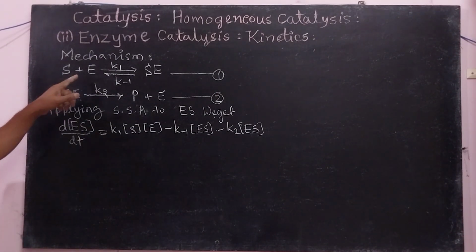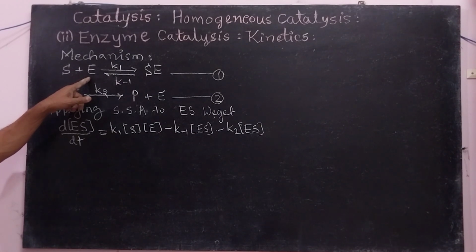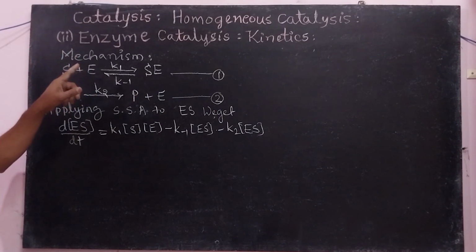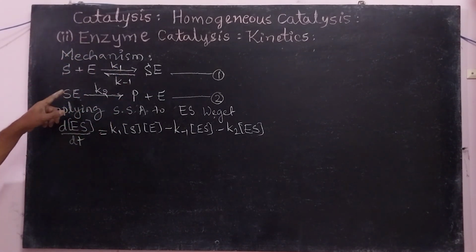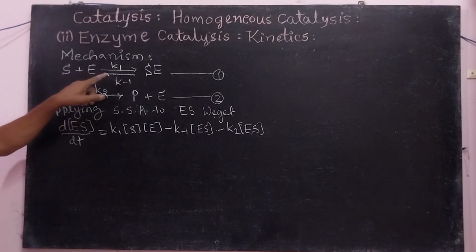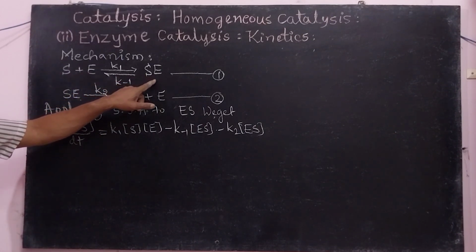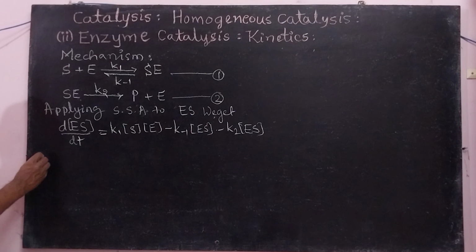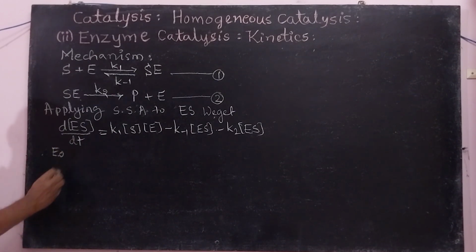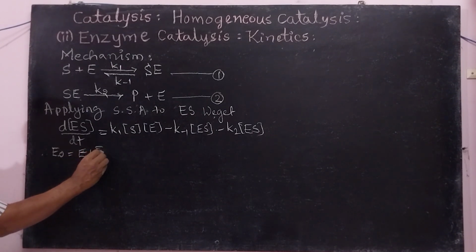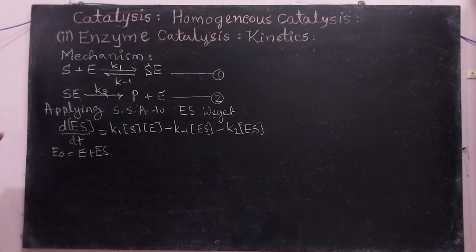Here the concentration of the enzyme taken is very small. Then the total enzyme present in the reaction mixture is equal to the free enzyme and the intermediate complex formed. Therefore, the total enzyme taken, E0, equals E plus ES, that is the intermediate complex formed.